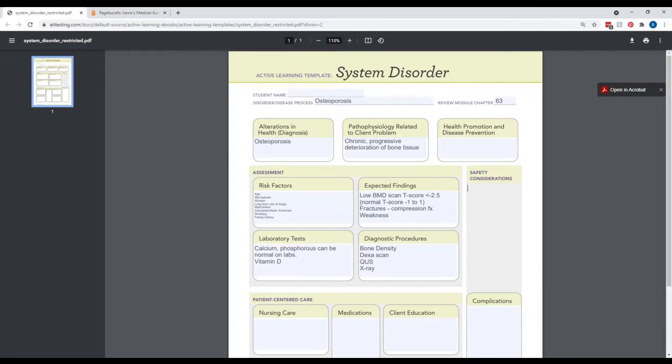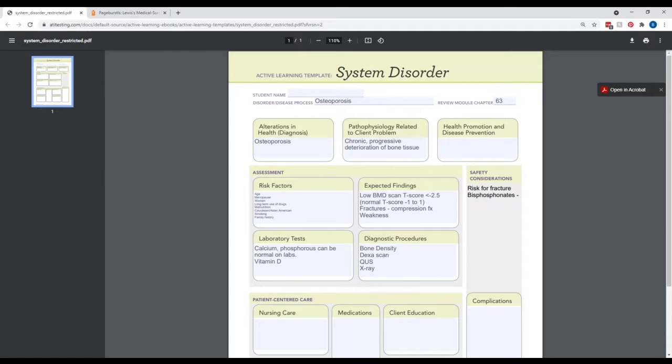Okay. Safety considerations. Again, the biggest risk that we have is risk for fracture. It's really the worst kind of thing that can happen to you, if you think about worst case scenario safety things. And then the other one I put on here: this class of medications has a rare serious side effect of causing osteonecrosis of the jaw.